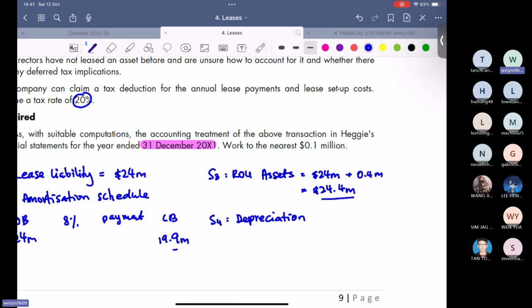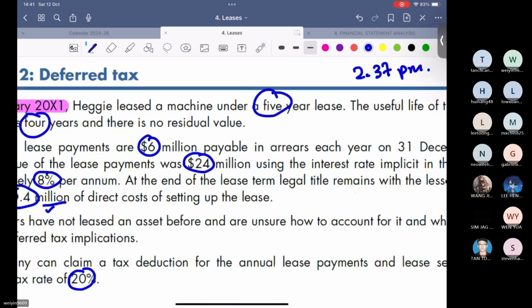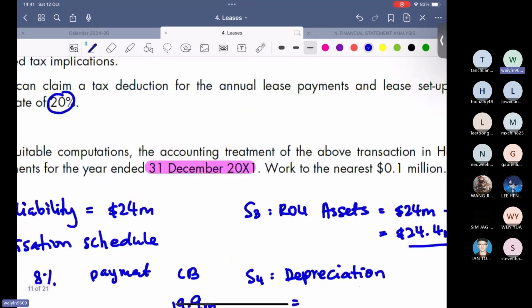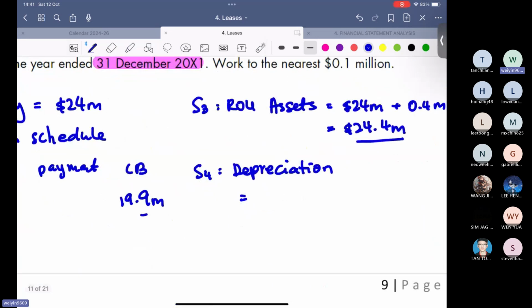As for my depreciation, okay, class, I have two different years. One is 5 years, one is 4 years. So which one should I choose? 5 years or 4 years? 4 years. Yes, you are right, because we choose whichever is shorter.